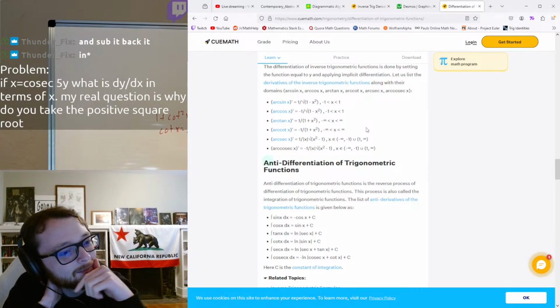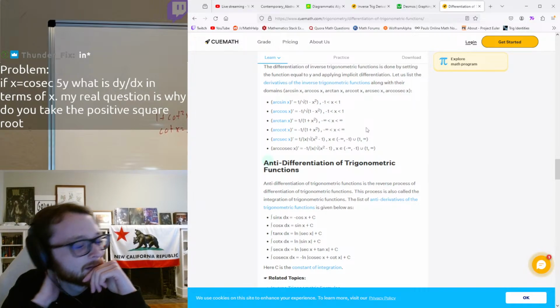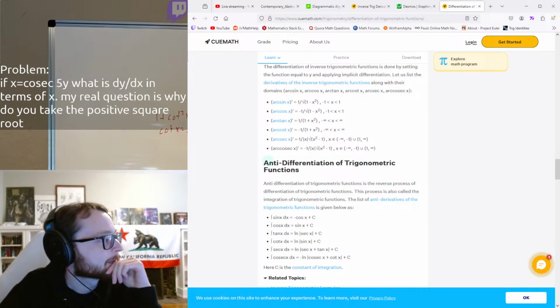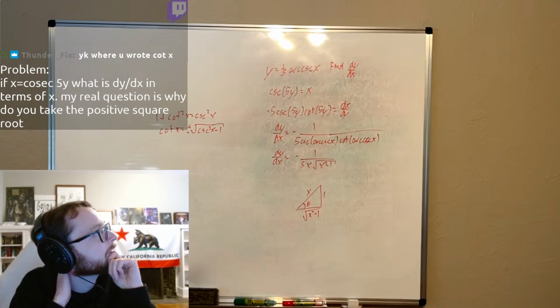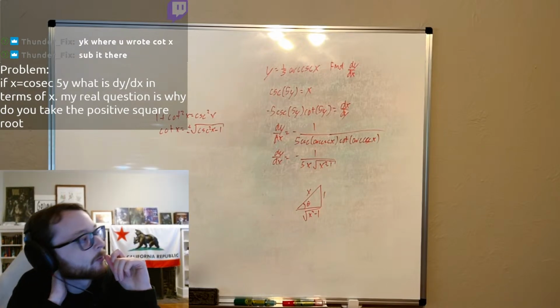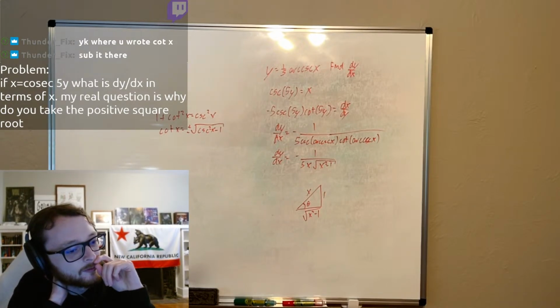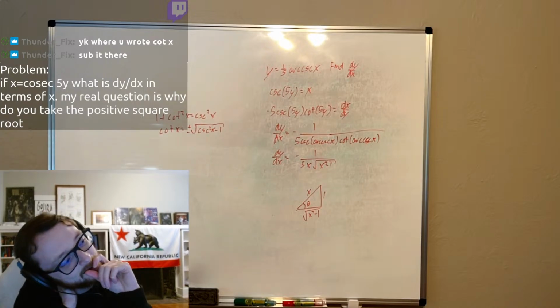X squared equals cosecant squared 5y and cotangent. Let me look back at the work, where I wrote cotangent x.